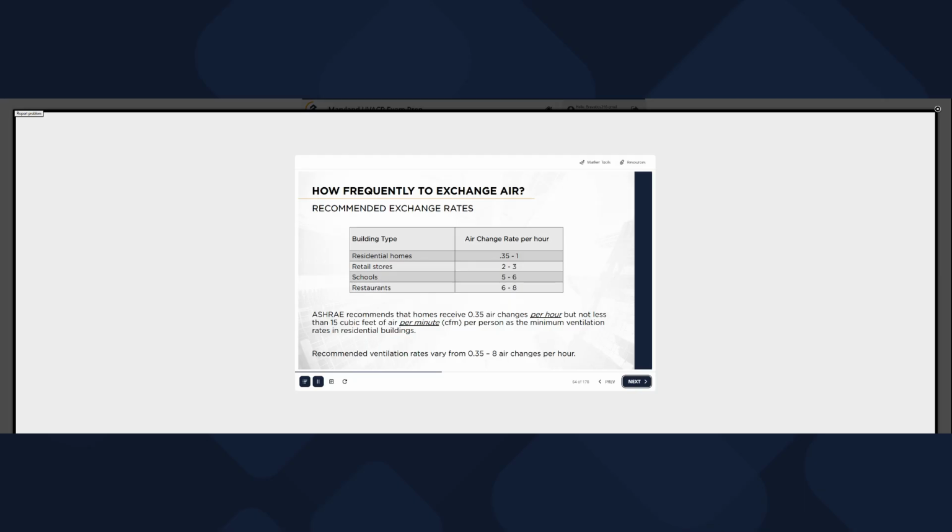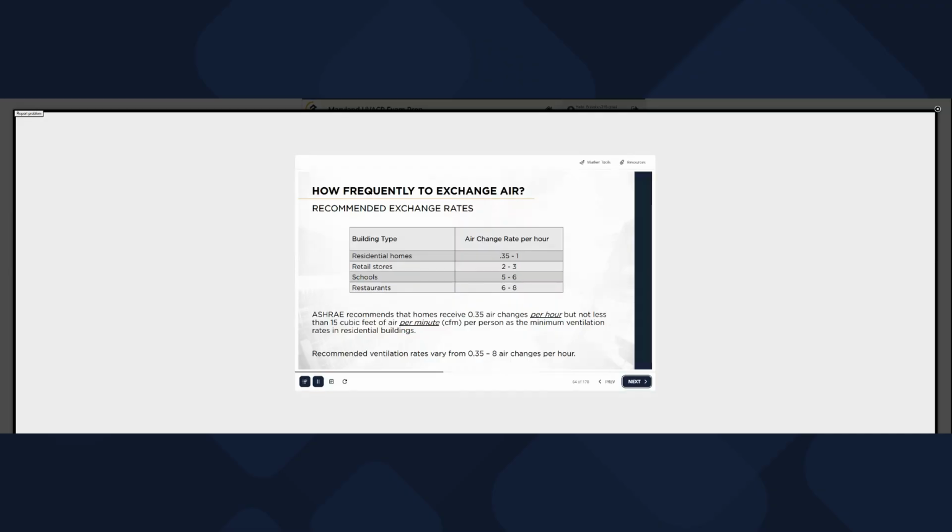The recommended exchange rate for residential homes is 0.35 to 1 air changes per hour. For retail stores, it is 2 to 3 air changes per hour. For schools, it is 5 to 6 air changes per hour. For restaurants, it is 6 to 8 air changes per hour.